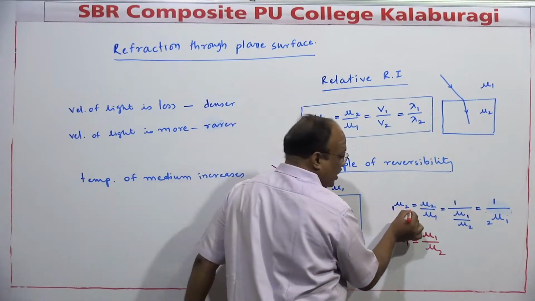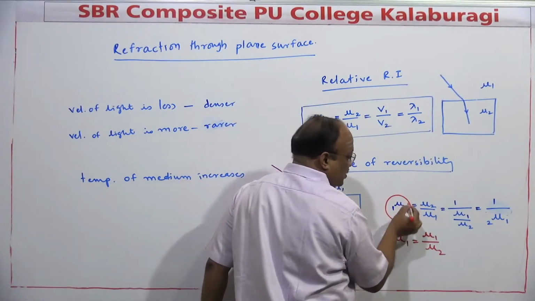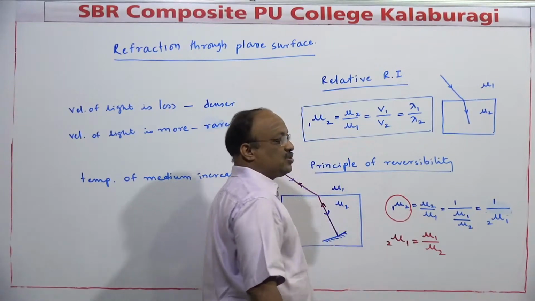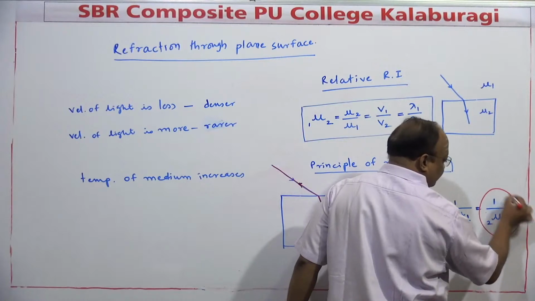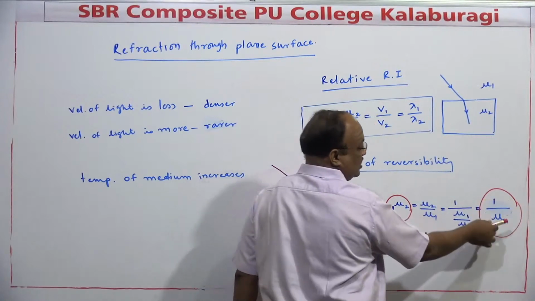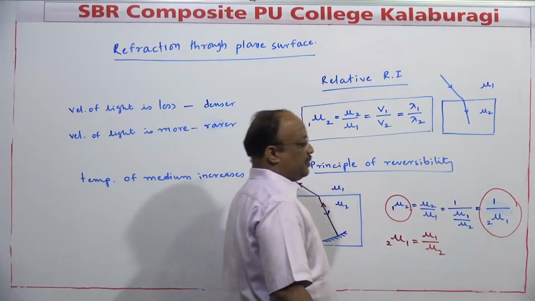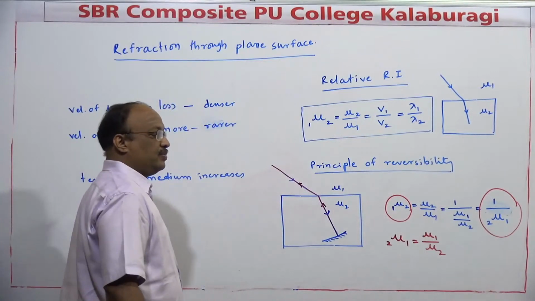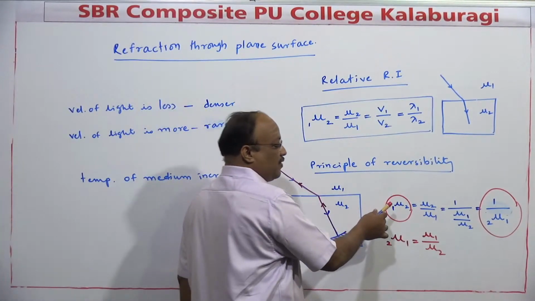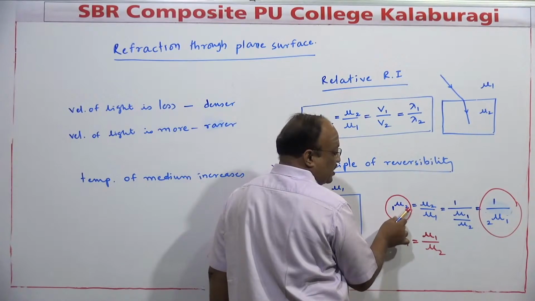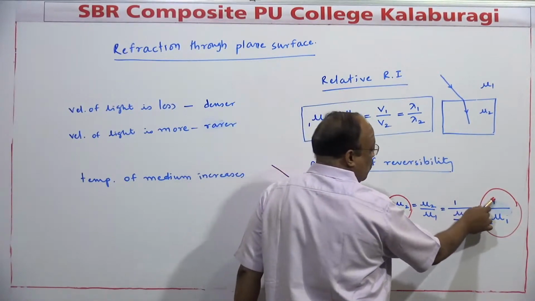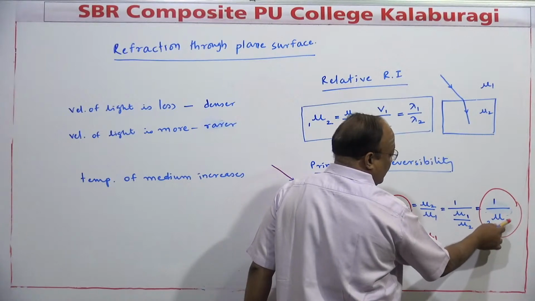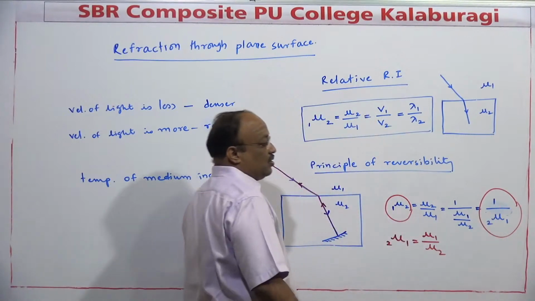So I can say the refractive index of the second medium with respect to the first medium is equal to 1 by the refractive index of the first medium with respect to the second medium.